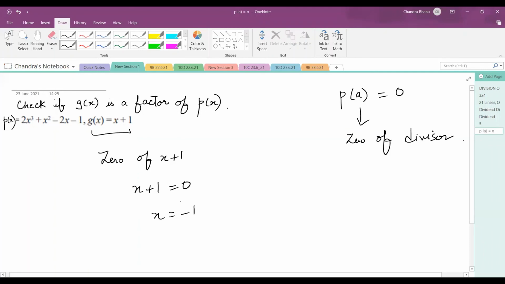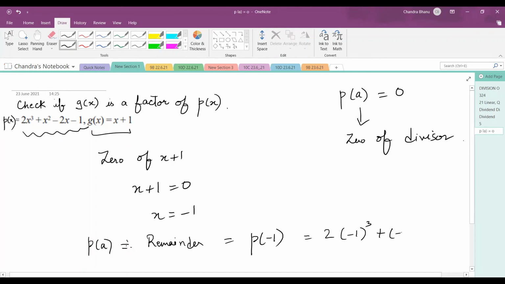Now what do I have to do? I have to put this value of minus 1 in p(x). So therefore my remainder, which actually means p(minus 1), my p(a), is equal to, let me put the values in this p(x): 2 times minus 1 cube plus minus 1 square minus 2 times minus 1 minus 1.